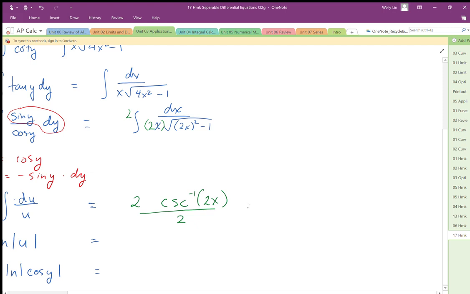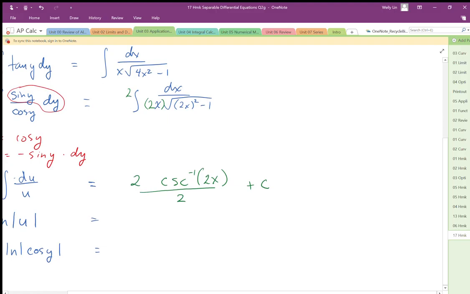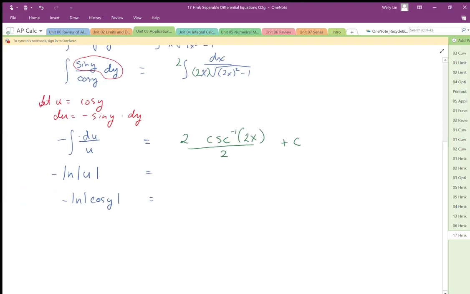And I'm going to put my plus c in here like that. So there it is. I have my integral solved for both sides. So I'm just going to simplify this: the inverse cosecant of 2x plus some c value.